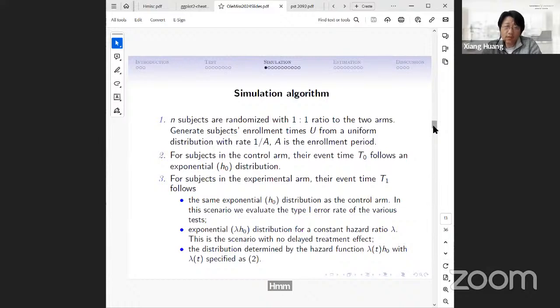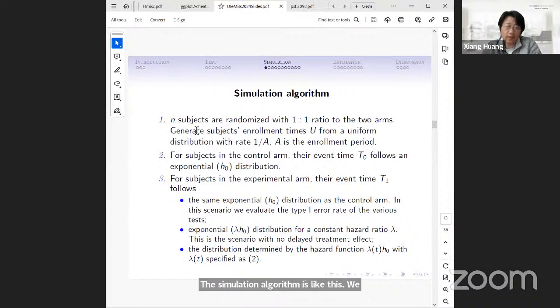We conducted a comprehensive simulation to compare our proposed weighted log-rank test with the standard log-rank test and three weighted log-rank tests using Fleming-Harrington weights. The simulation algorithm is like this.